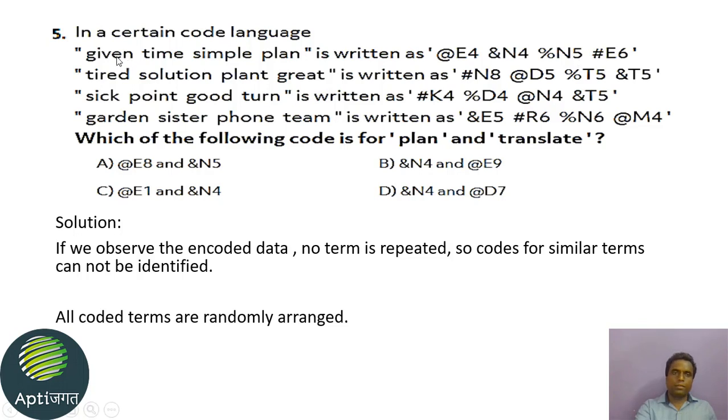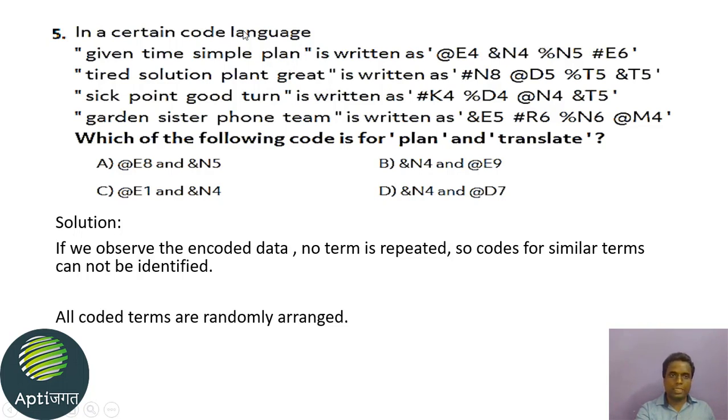Observe the word "given". How many letters does it contain? 5. The code words are generally E, N, and E. What do you observe from these four words and these E, N, and E? Is the first letter G, T, S, P?